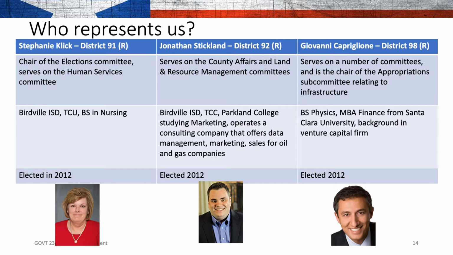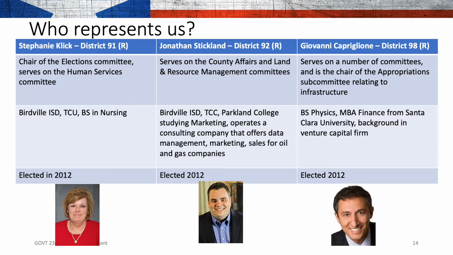And then finally, Giovanni Capriglione. I really feel bad because I always mispronounce that. He is also a Republican, serves on a lot of committees, but is chair of the Appropriations subcommittee relating to infrastructure. That means he is involved in what money is spent on highways, for example, by Texas.